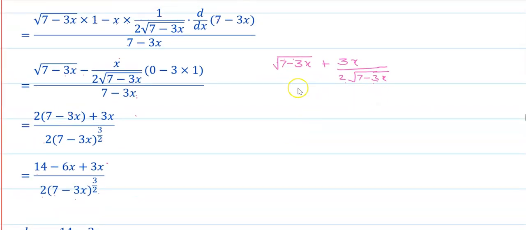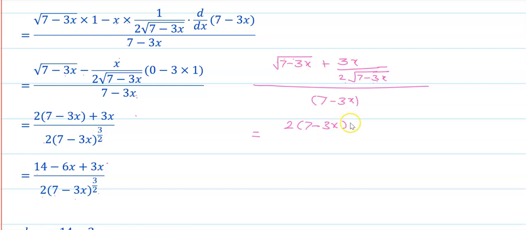आता हे सिम्प्लिफिकेशन पुन्हा तुम्हाला ते समजलं पाहिजे, त्यासाठी मी पुन्हा ते लिहितो इथे. ओके. What will here 2 times in bracket 7 minus 3x. Okay.